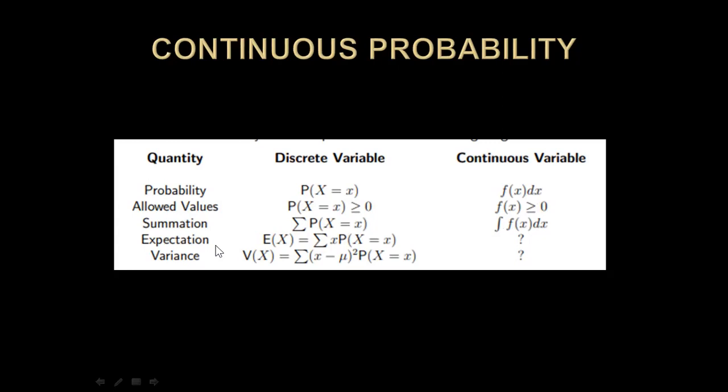For the expected value under a discrete variable, E of x is equal to the summation of x multiplied with the probability of X equal to x. We don't have a definite form for a continuous variable. For variance, V of x is equal to the summation of x minus the mean population quantity squared multiplied with the probability of X equal to x. We don't have a definite form for a continuous variable.